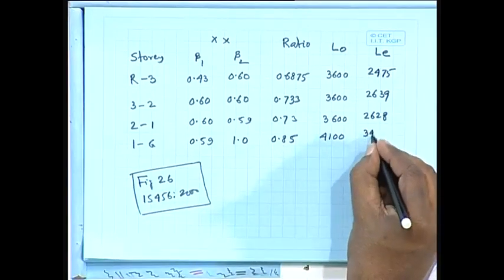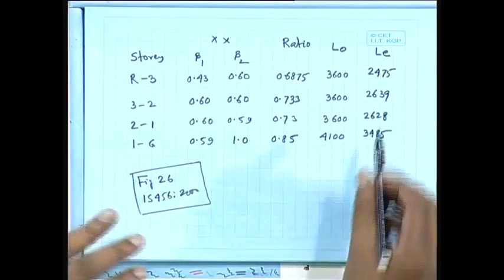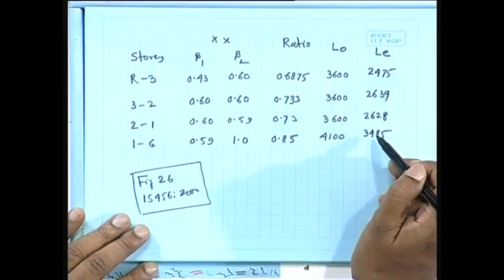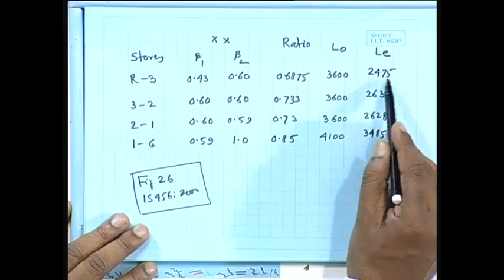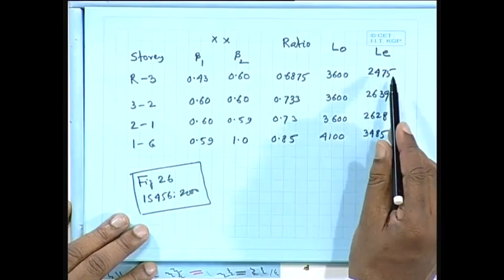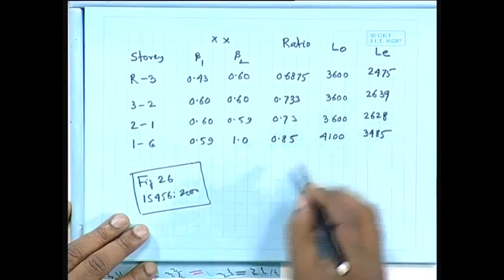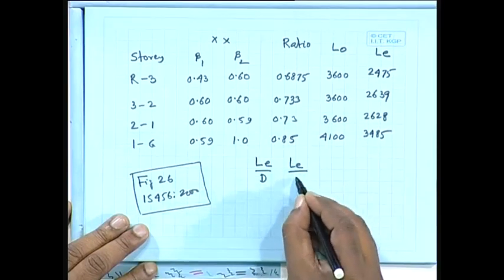So 3485. So we can find out this effective length, and we can find out that divided by the lateral dimension, that factor, say value, that L by D or LE by D or LE by say B.